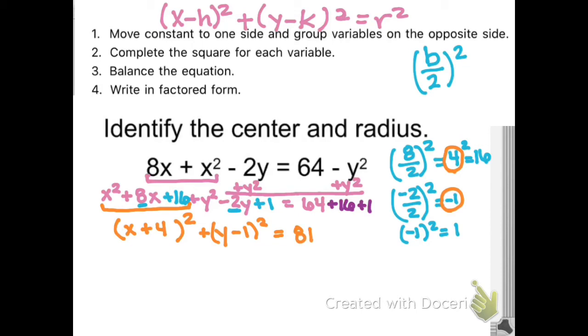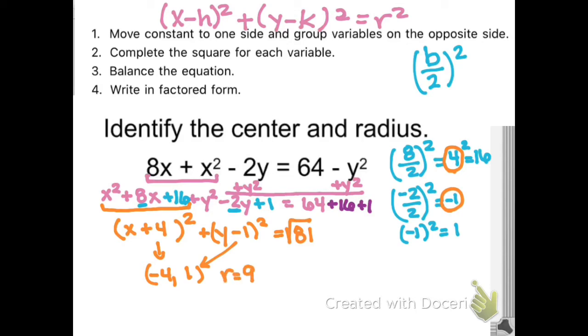And now we can identify the center and the radius. So I will change the sign over here, and to find the radius, again, take the square root.